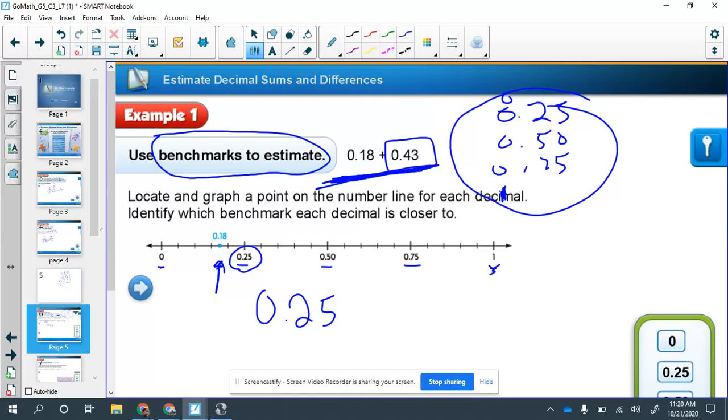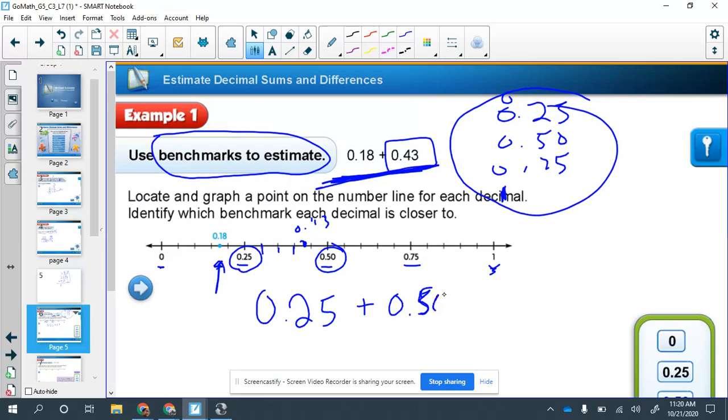And then 43/100. So if I put that out here, right, this is 3/10, 35/100, 4/10. So 43/100 is going to be about right there, right? So 43/100 is closest to 5/10. So 25/100 plus 5/10, right?